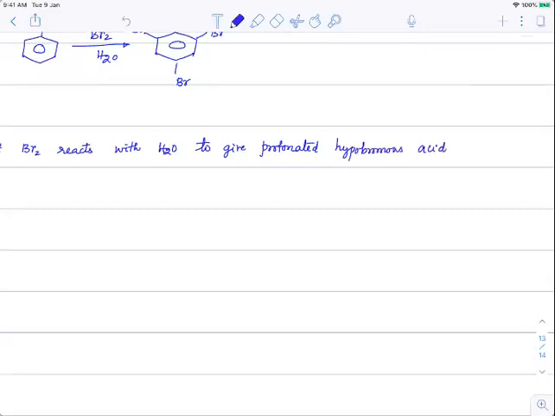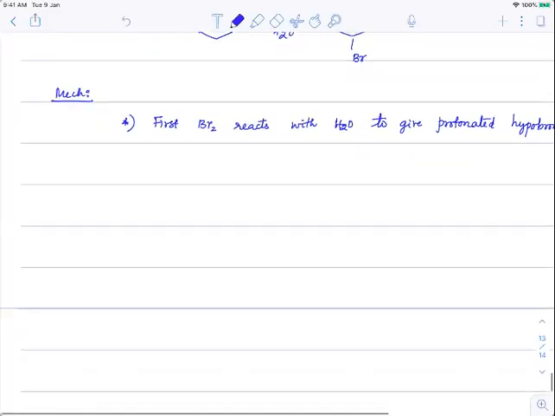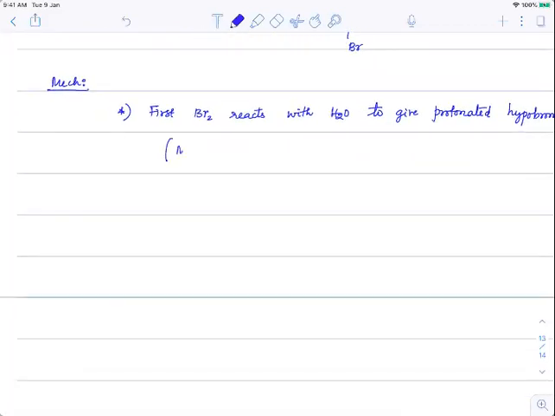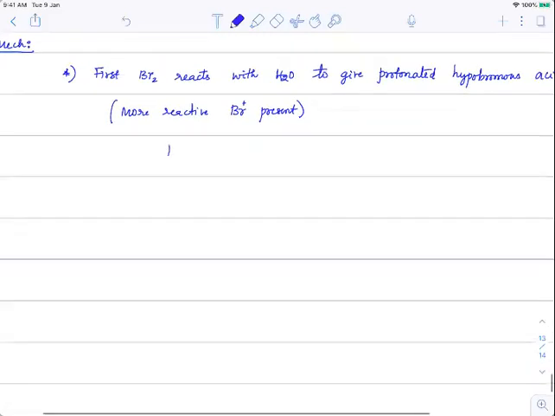Okay. And this acid will have more reactive Br plus present. Let me show you how.